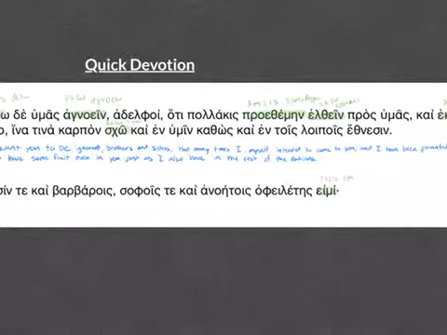Barbarian. There you go. So both, and we're going to learn cases later, but this is in the dative. So both to the Greeks and to the barbarians, both to the wise, sophois, wisdom, and to anoetois, which is foolishness.